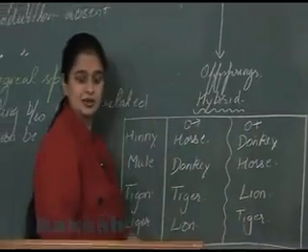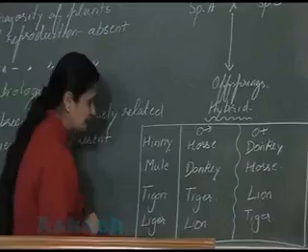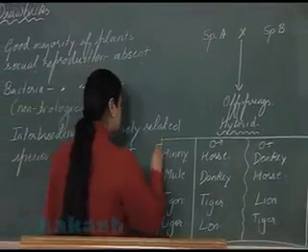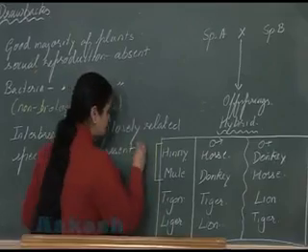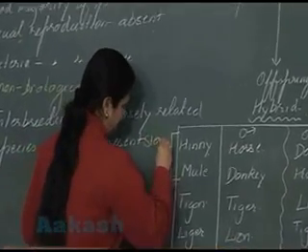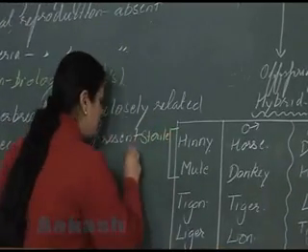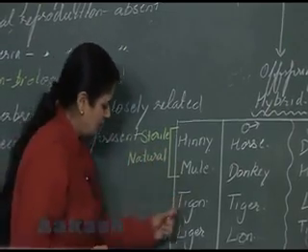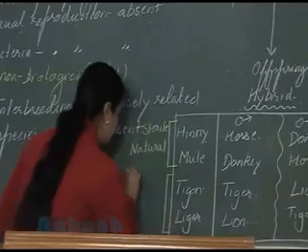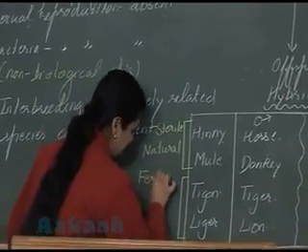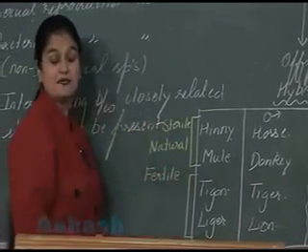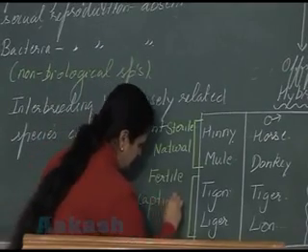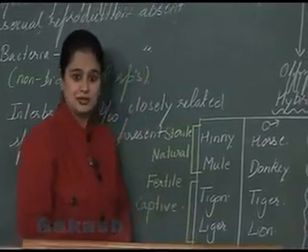Among these four hybrids which I have cited as examples, the first two hybrids are sterile and they are formed under natural conditions. The last two hybrids are fertile, and they are formed under captive conditions.